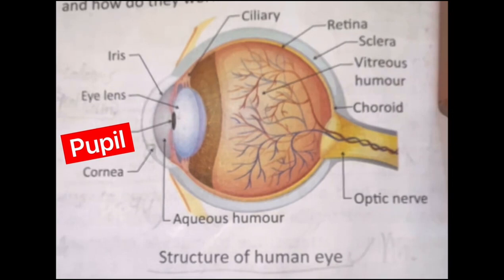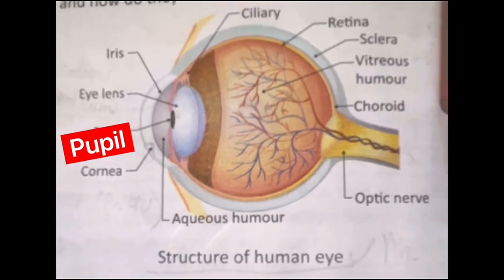The main function of the pupil is to allow light to enter the eye. If the light is dim, the iris expands the pupil to allow more light to enter the eye, and if the light is bright, the iris contracts the pupil to allow less amount of light entering the eye.